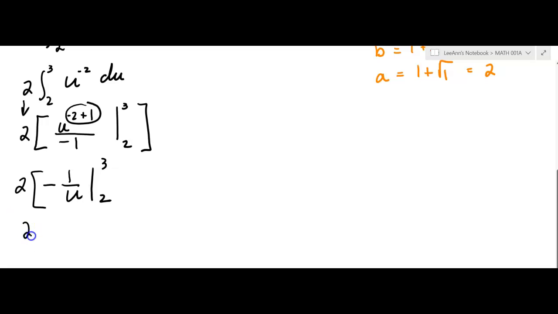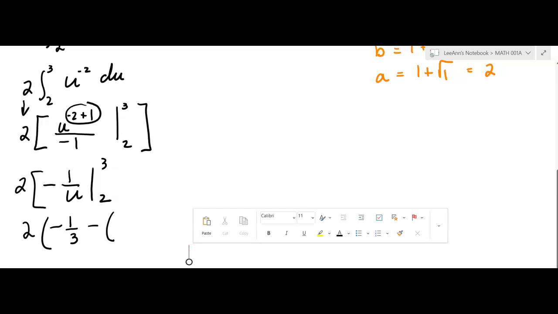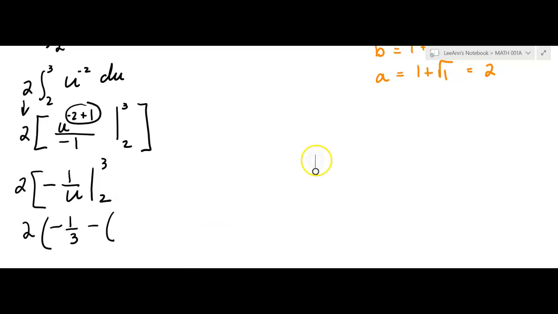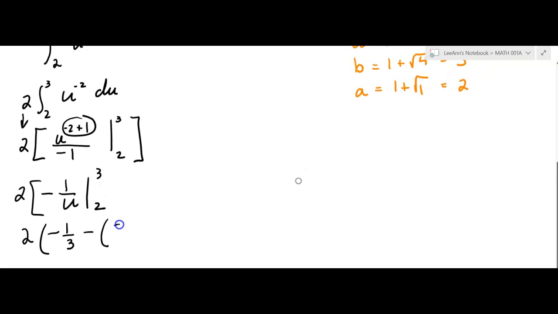So now I have 2 times negative 1 over 3 minus negative 1 over 2. I guess I still wanted the brackets there.